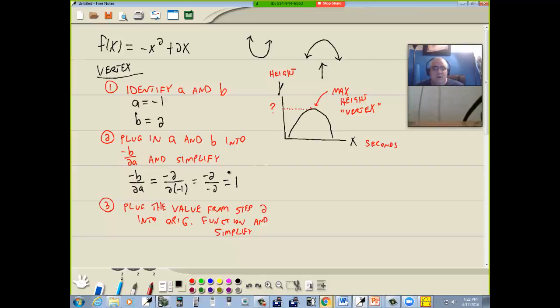So we're going to take this 1, plug it in for the x in our original function. So we've got f of 1 is equal to negative 1 squared plus 2 times 1, which gives us negative 1 plus 1, or wait a minute, negative 1 plus 2, which then gives us a positive 1.